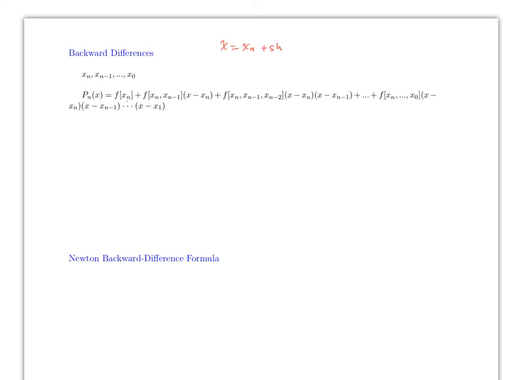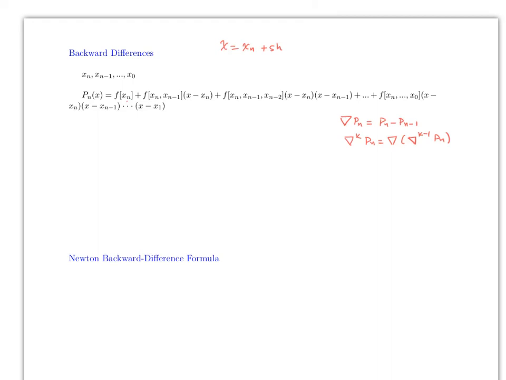and we're going to go backwards until we get to x1. Here we have a new notation, and the notation is nabla. So now this is called nabla, which is technically a delta backwards, and by definition this is equal to pn minus pn minus 1, and therefore nabla to the k power of pn is equal to nabla of nabla to the k minus 1 of pn.